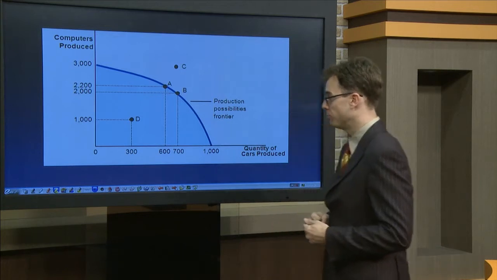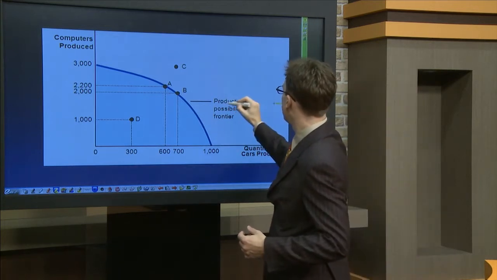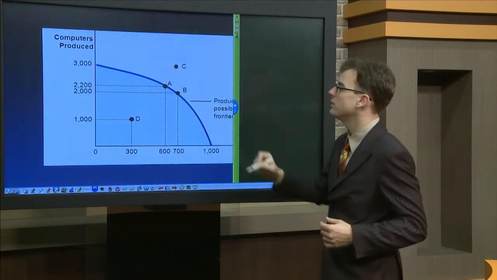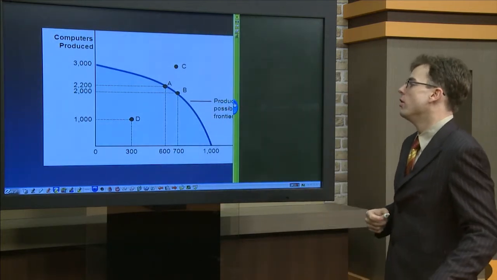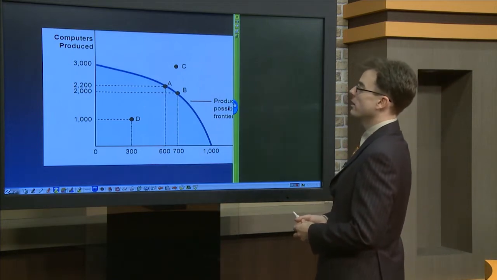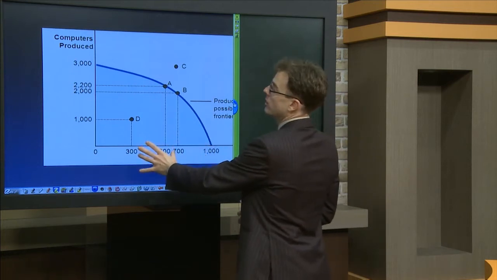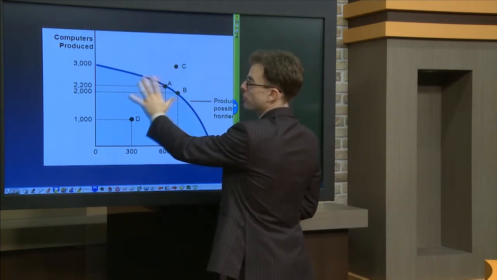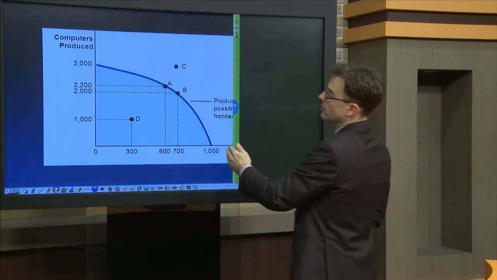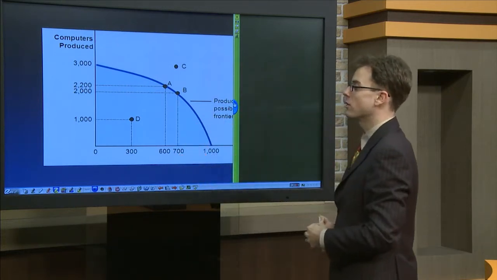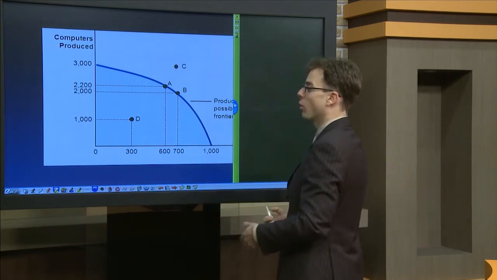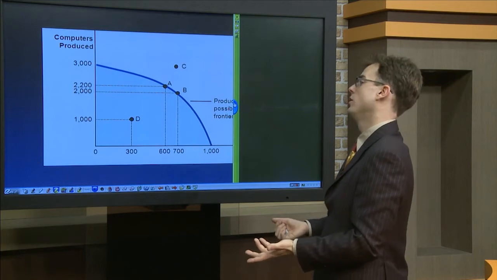And I want you to think that production possibilities frontiers can be drawn for different segments of the economy. We can describe these trade-offs in production for an entire country, or we can draw a production possibilities frontier for a household, or for a company, or for one individual.